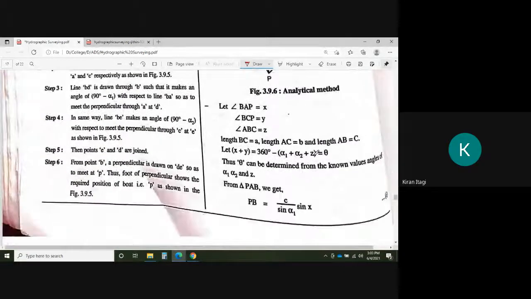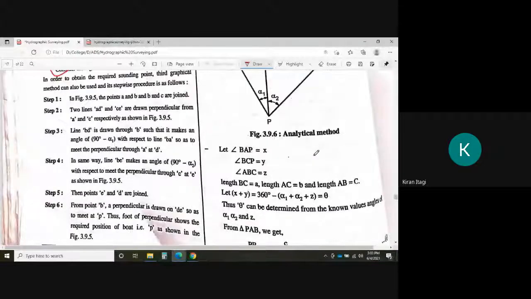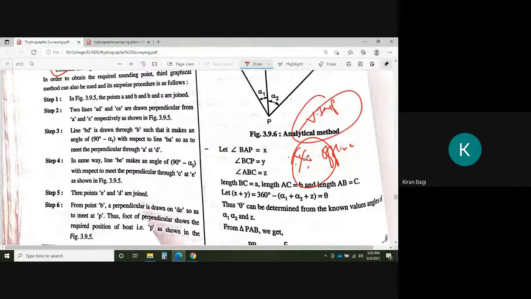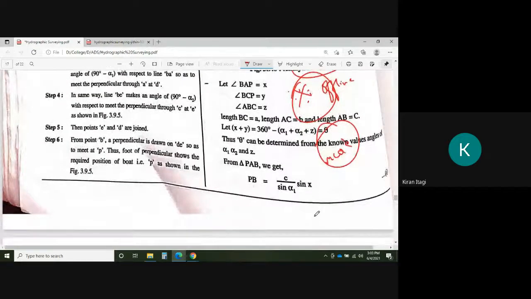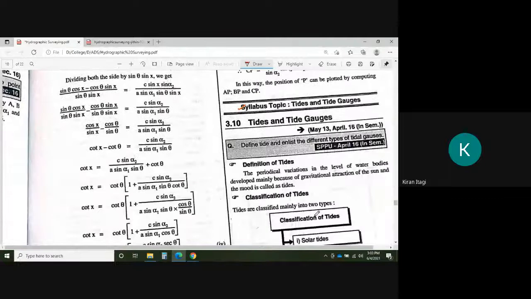But just remember, if your final exam is in offline mode, then remind me. I will solve this problem because it is very important, and 100% they will ask this one. But if it is MCQs, they won't ask this one.